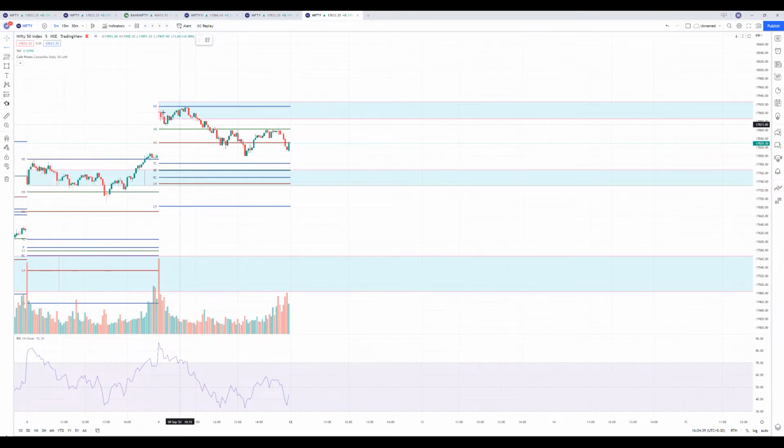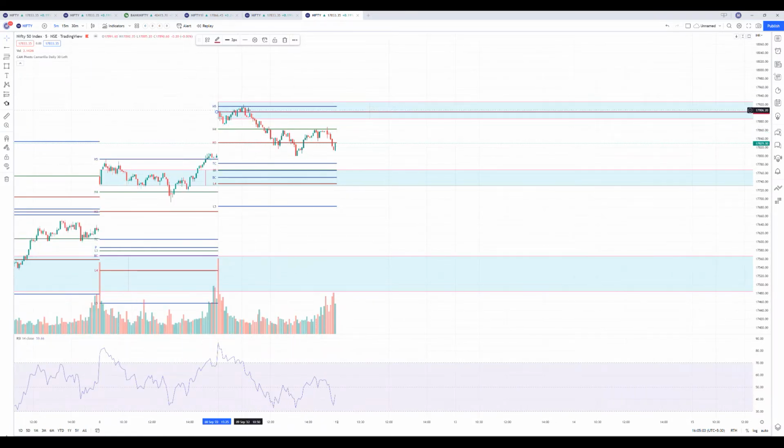In addition to this, what we have is our opening line. Always remember your opening line also works as an important support and resistance. Now look at this opening candle, right? So the open happened here, then it went down, came and retested this area again. We know this zone is critical for us. Anytime this is broken, we could have taken a long entry, and then you would probably have got a big move upside, right?